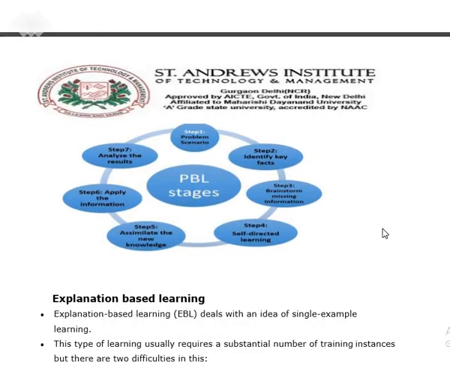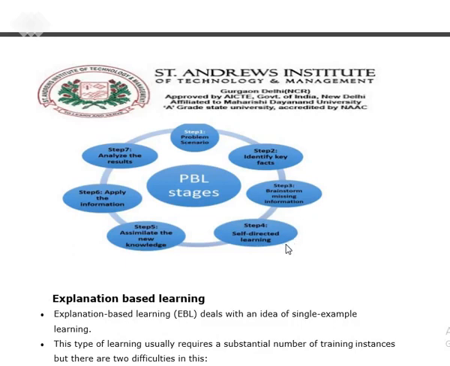We have a life cycle of problem solving. The problem scenario is initially discussed. Then from the problem solving technique, we identify the key facts of the problem. From the key facts, we do brainstorming on what the missing parameters are, how to solve it, and what strategy we need to implement.